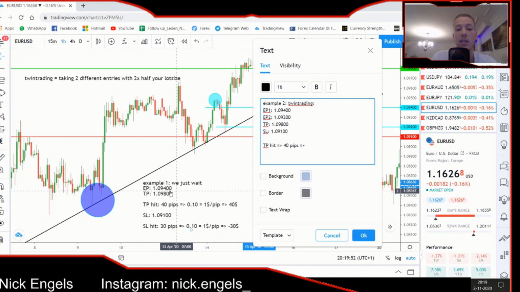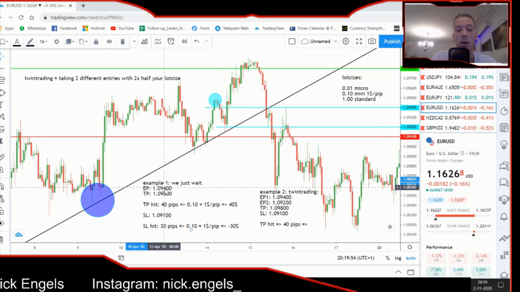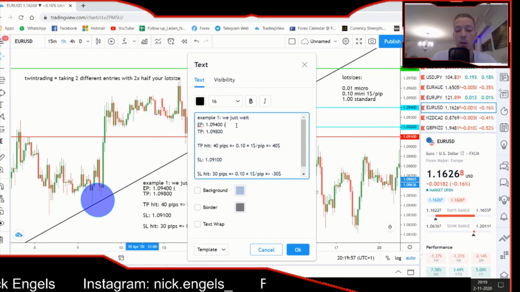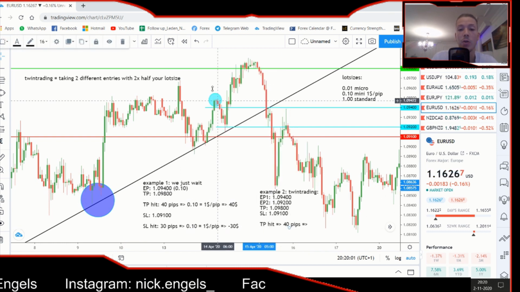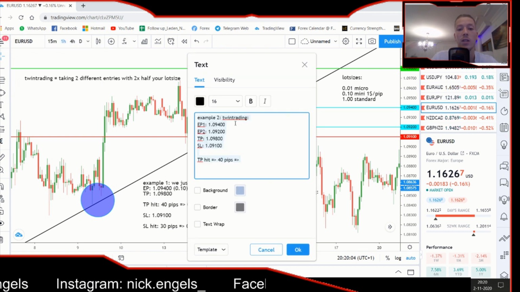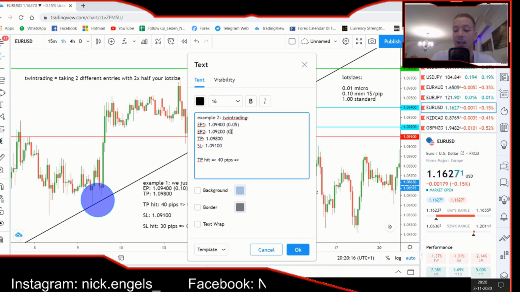So what we do is, instead of in example 1, where we took our entry point with lot size 0.10, now what we did in our example 2 is we took 2 entries with half our lot size. That means our entry 1, the half of 0.10, is 0.05. And our second entry, we just did exactly the same. 0.05 plus 0.05 is 0.10. So we took two entries with half our lot size. This is what we call twin trading.